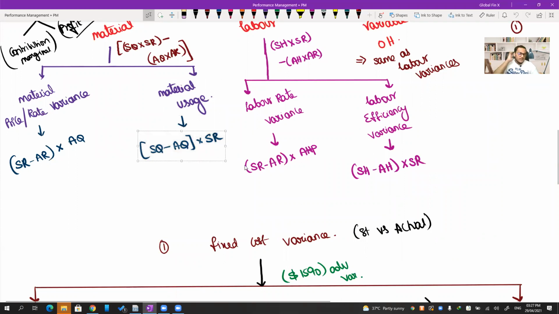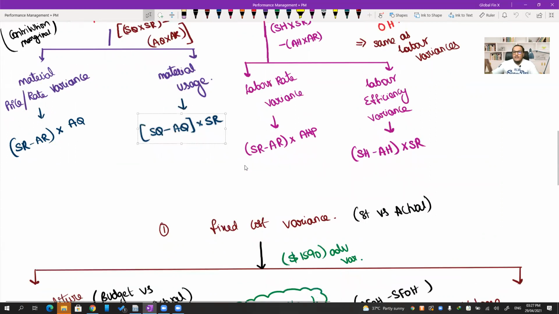Yes, you can do that. But there is another problem with that. What if I changed the mix of these particular elements?